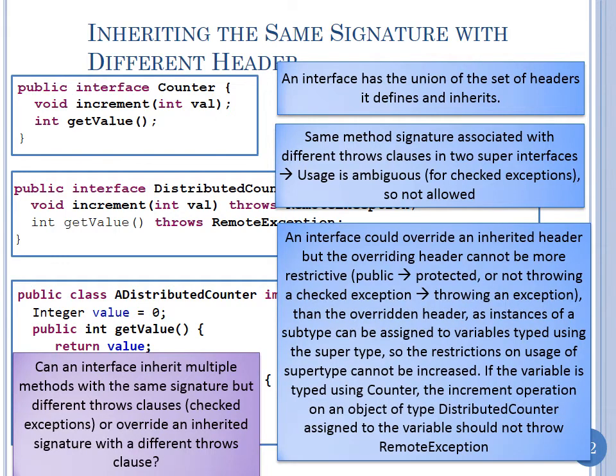So then the next case is, based on Nolan's comment, you can certainly have the interface override the header of an inherited method. And in classes we override, so why not in interfaces too? But then you can't have the overriding method be more restrictive than the overridden method, because of the way typing goes.